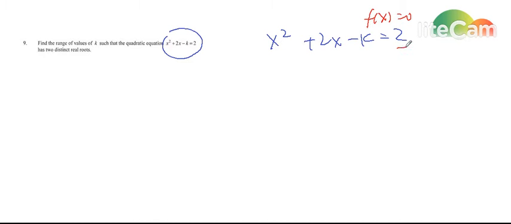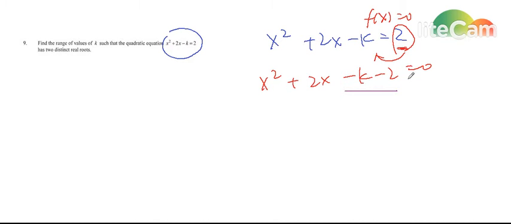So the first step is to put the 2 on the left hand side, so that we can write something like this: minus k minus 2 is equals to 0. Due to the convenience of the following steps, we also add one bracket here, so that we can beautify our whole calculation method.